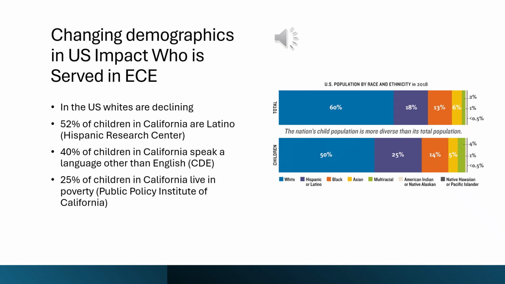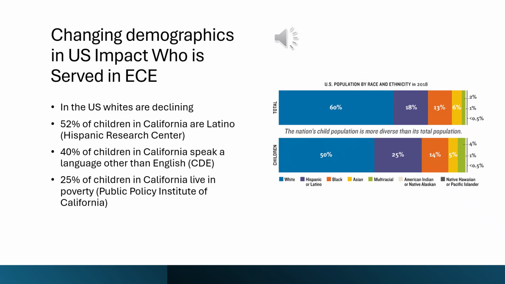And if you're going to live and work in California, California is a particularly diverse place. So in the United States as a whole, the population of white people is declining, and people of color are sort of filling in the gaps, so to speak. And that is more true for children than it is for adults.